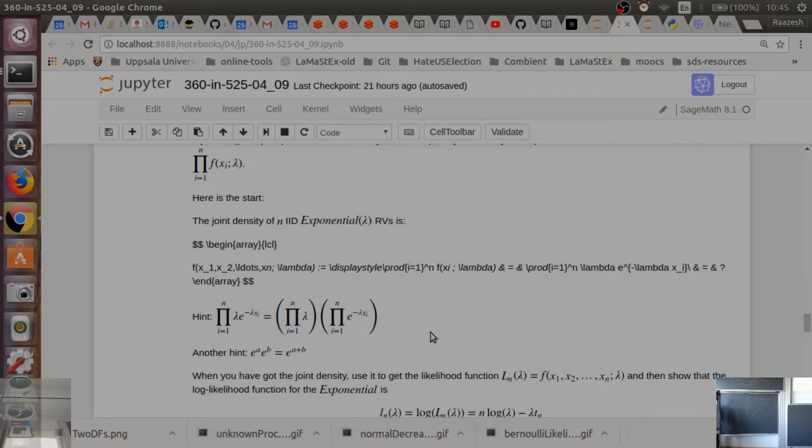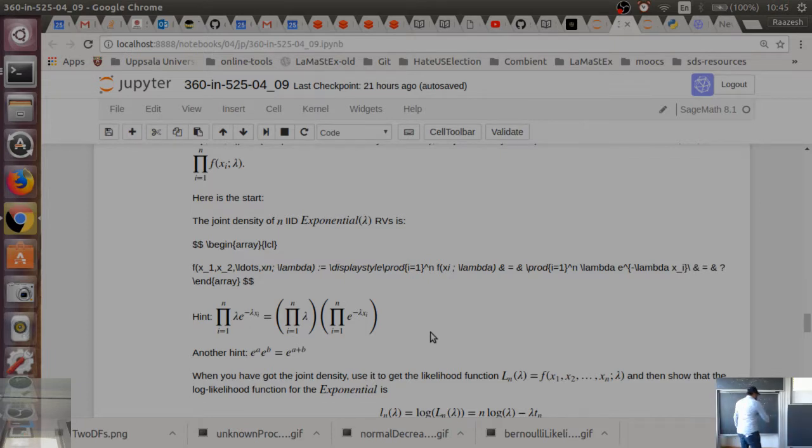Then if you take the logarithm on both sides, this will be just the sum as i goes from 1 to n of the log of lambda e to the minus lambda xi.